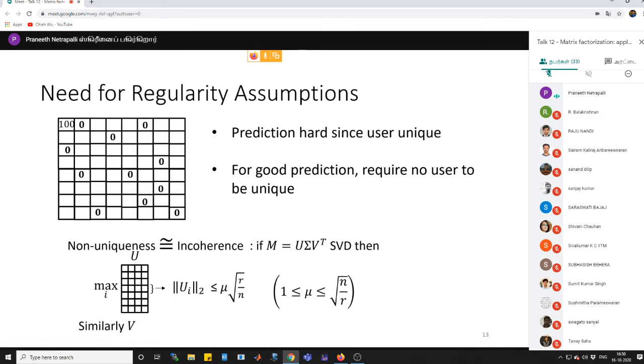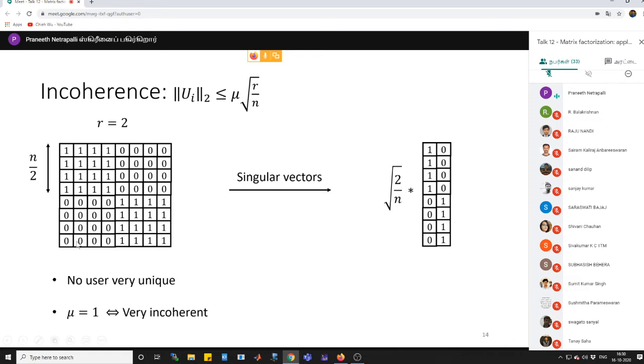So let me explain this a bit more in terms of pictures. So if the matrix that we have is this, right? Ones in this block, zeros here, zeros here, and ones here. It means that there are two different groups of users, and these users are very similar to each other, but very different from this group, and this group of users are very similar to each other, right?